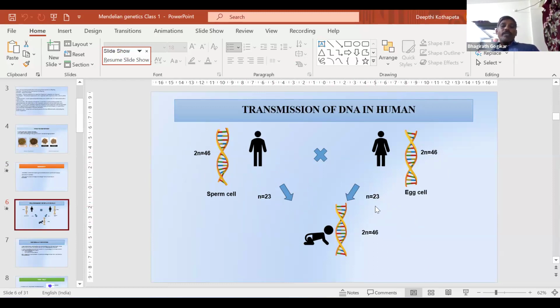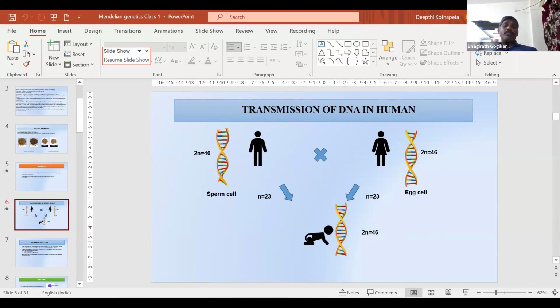Both gametes carry the representative genes, and during fertilization both sets of chromosomes combine with each other. In the next generation, the same number of chromosomes appears. The genes contributed by both parents are seen in the next generation. In this way, characters are transmitted through genes via gametes into the next generation. This is the transmission of characters through sexual reproduction.